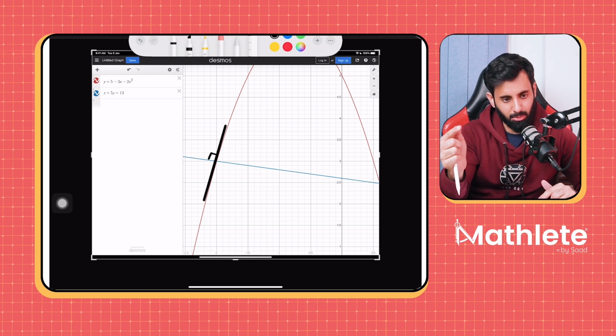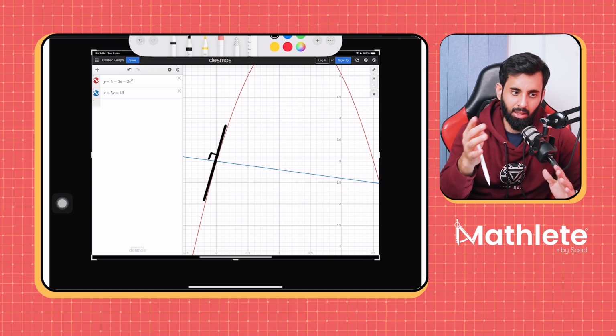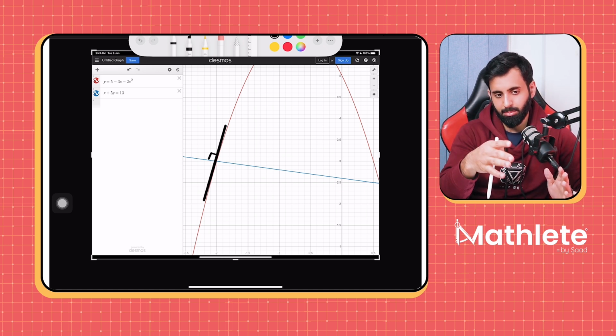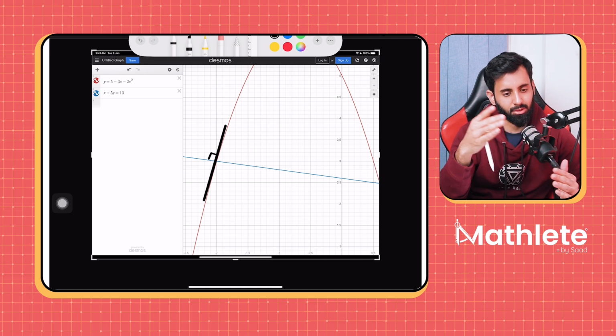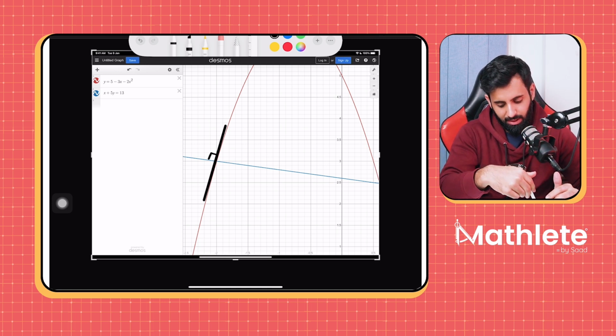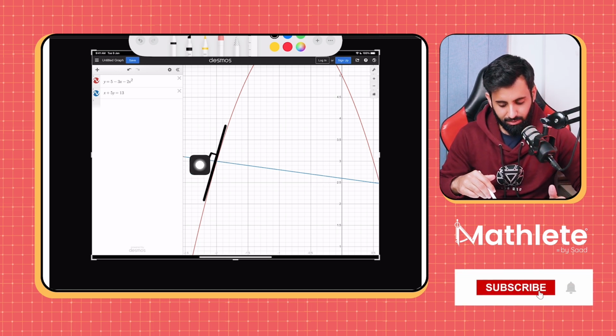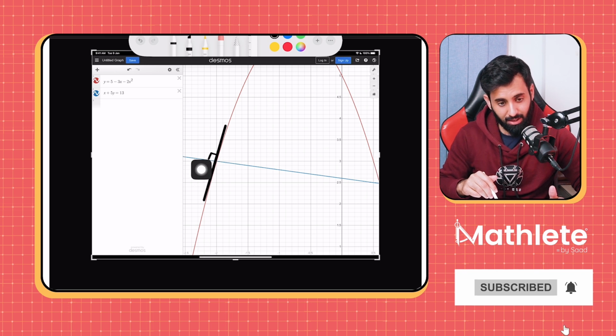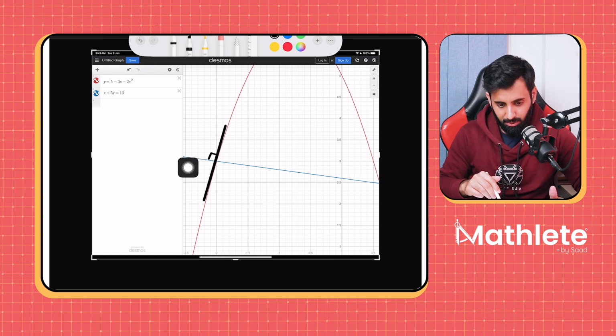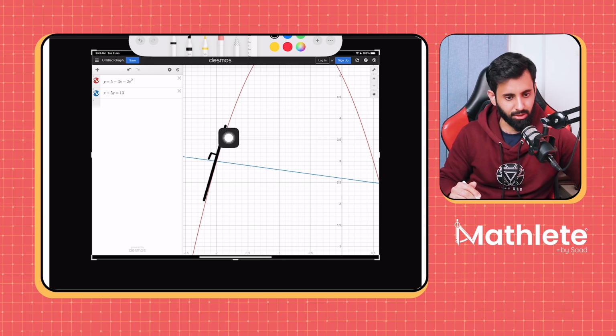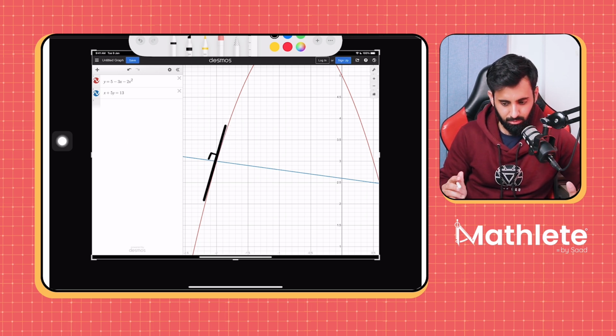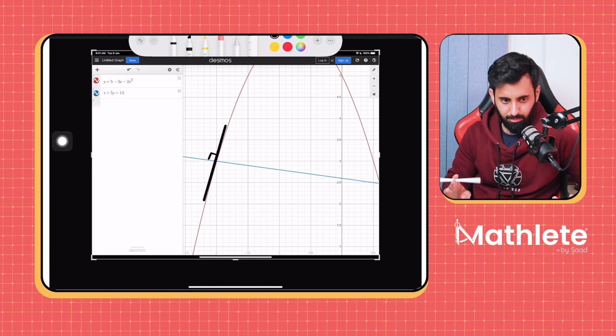When we say normal to the curve, what we mean is normal to a specific point where a tangent is drawn on the curve. So if I say this line is normal to the curve, that does not mean it's making a 90-degree angle with the curve. This means that this is a line which is perpendicular to the tangent drawn at a certain point. That's what we mean. Clear?